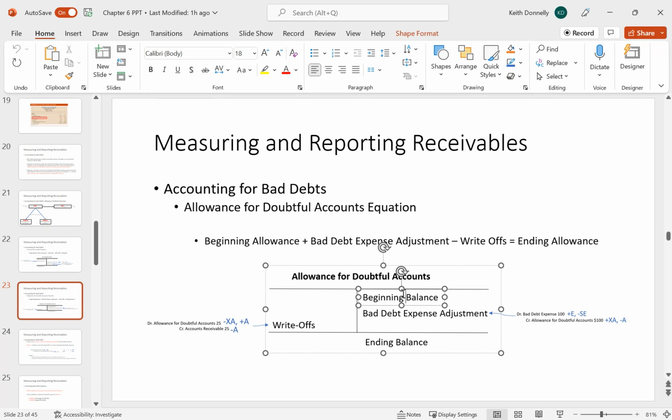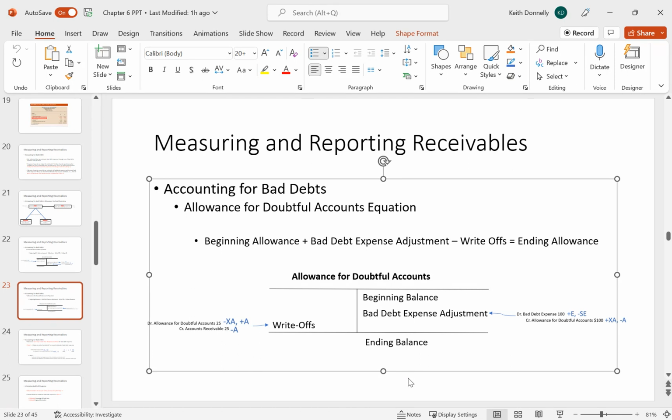We have our beginning balance plus any bad debt expense. That's step one, the journal entry increases the allowance. But with the step two journal entry, we get rid of it in our write-offs. That's going to get you your ending balance. So take a minute. You might want to pause. Make sure you write this in the class notes.